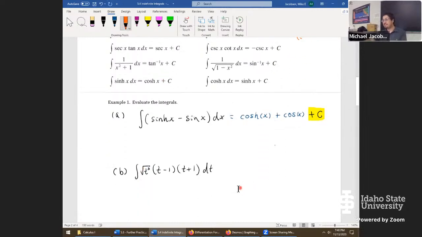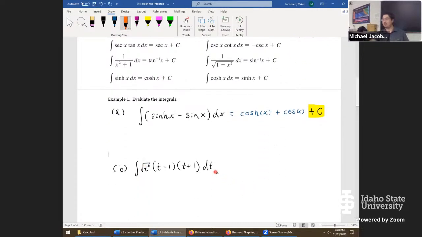But let's also connect that thought. These symbols really truly matter. If it was written this way, square root of t cubed, t minus 1, t plus 1, dx, that would almost certainly be a mistake on an exam, but if we saw that, here's the right answer.